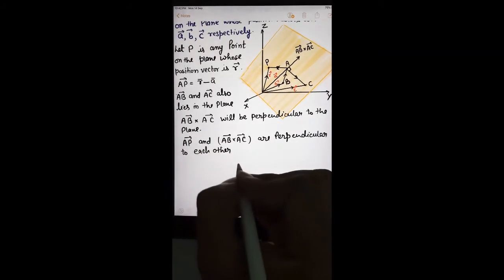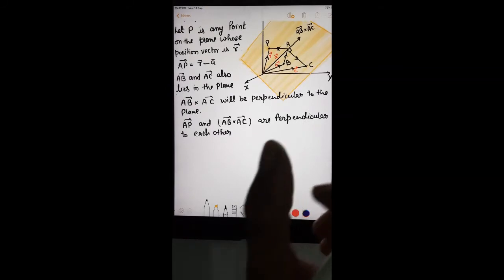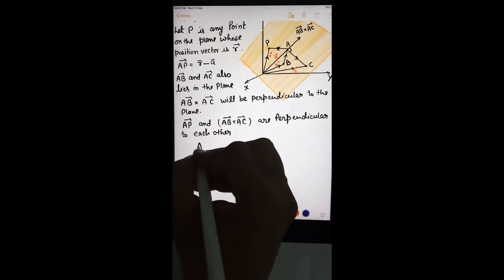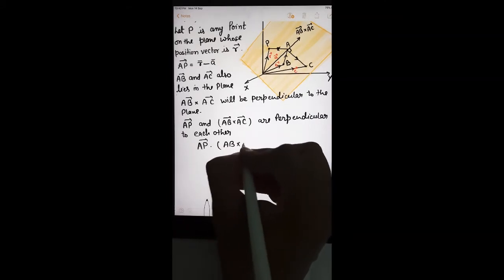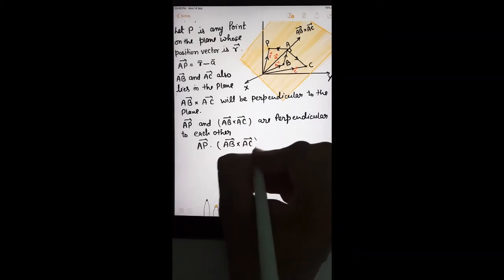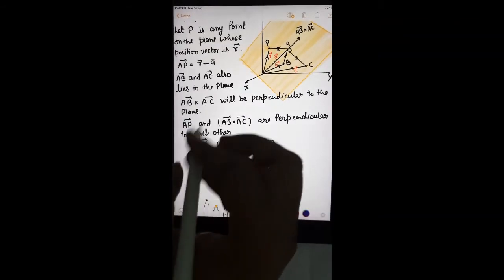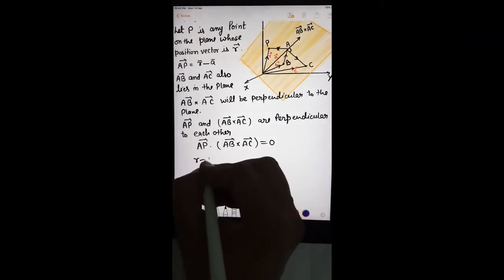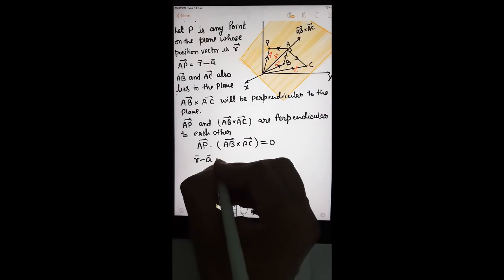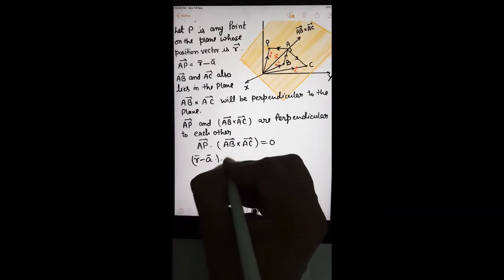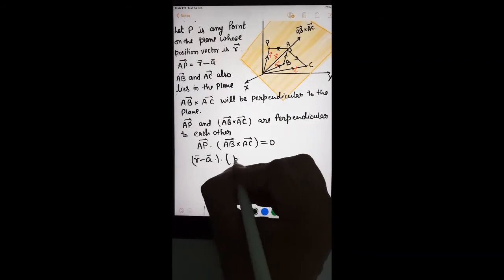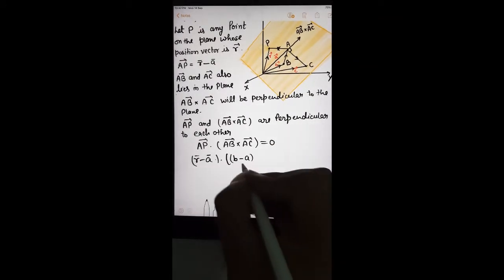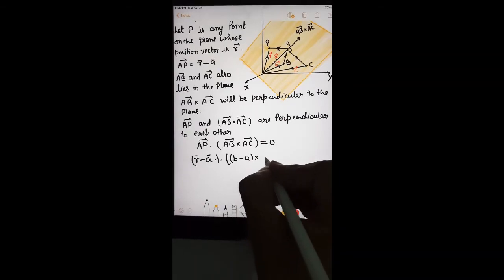And if these vectors are perpendicular, then their dot product is 0. It means AP dot (AB cross AC) is equal to 0, where AP is r minus a, AB can be written as b minus a, and AC can be written as c minus a.